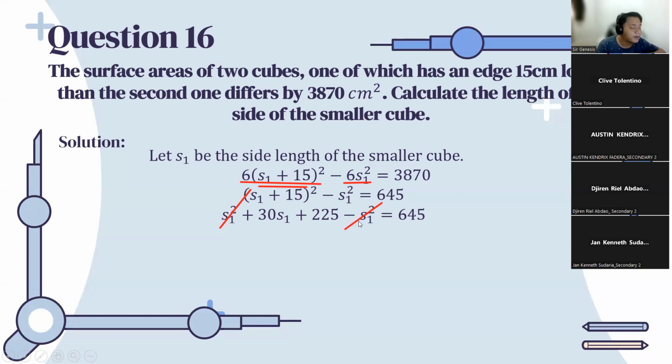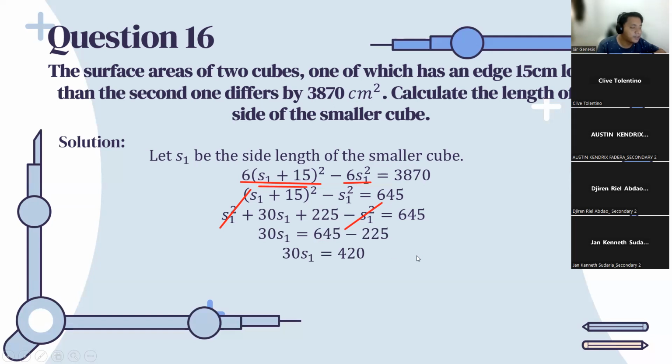Now, solving for s sub 1, this is actually beneficial for us because it will already give us the side length of the smaller cube, which is s sub 1. So 30 s sub 1 is equal to 645 minus 225.